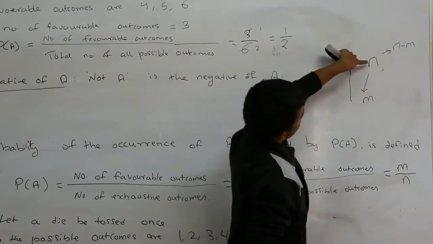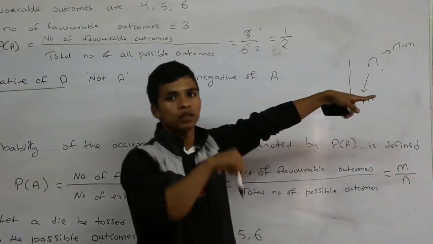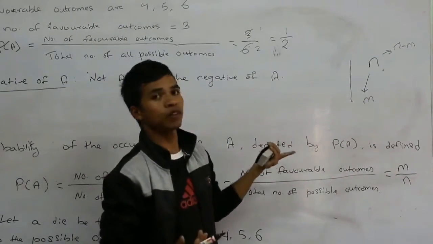So n minus m of them are not favorable to A. So that is called the negative of A.